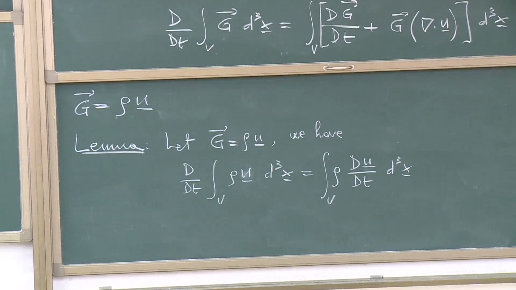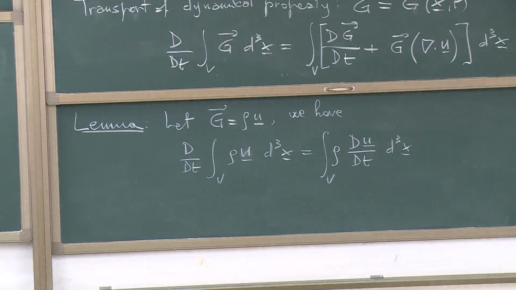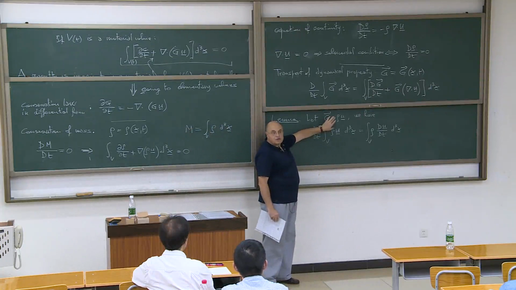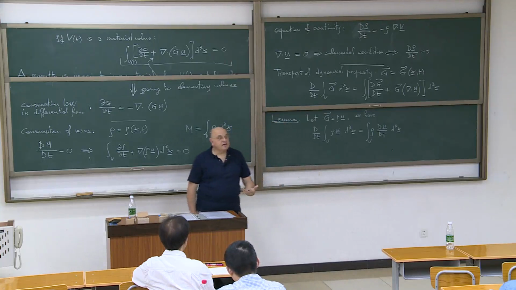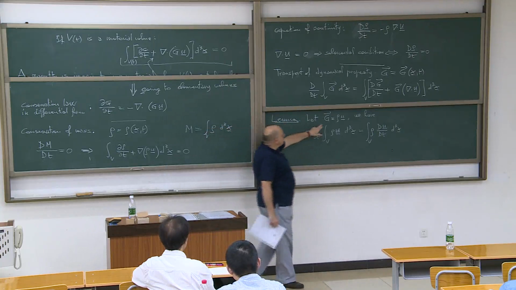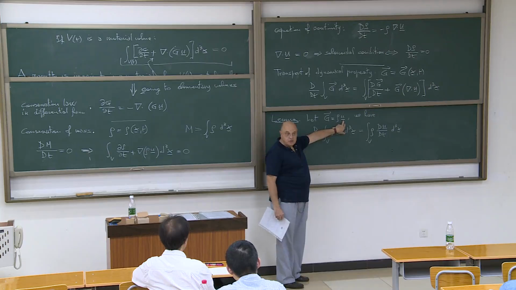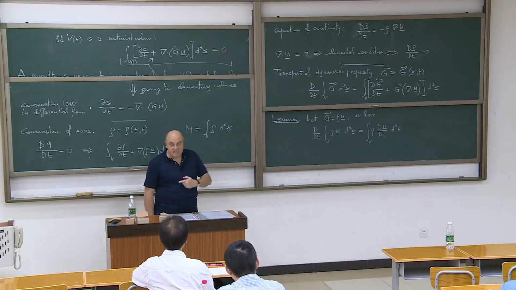And to prove this, I will do a little proof here. Since we attribute to G a fluid mechanical meaning, G is now the product of the fluid dynamical density times the fluid dynamical velocity, u, then we can use the conservation law for mass.